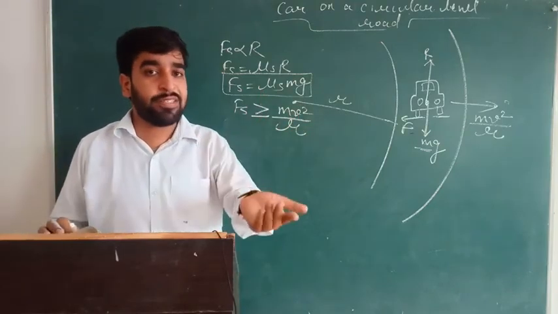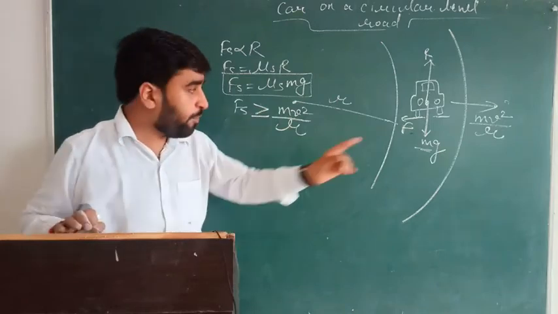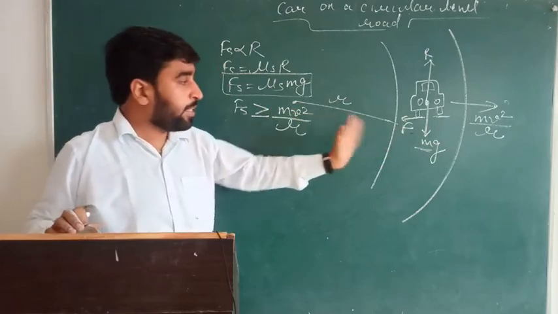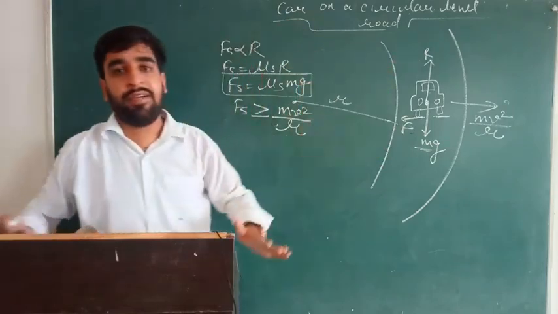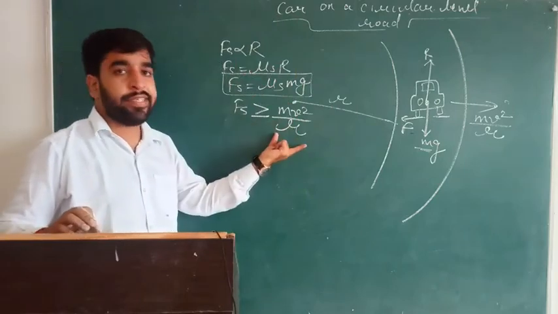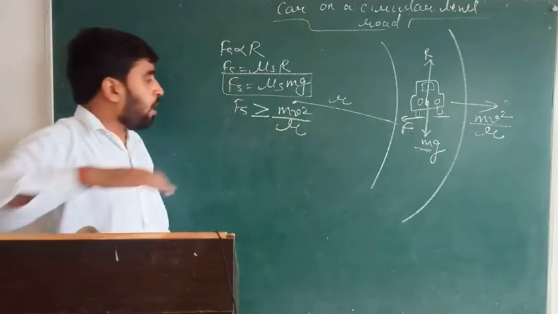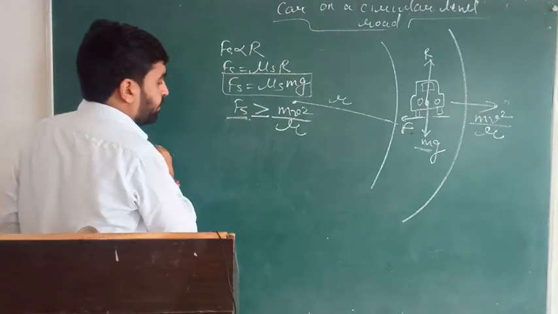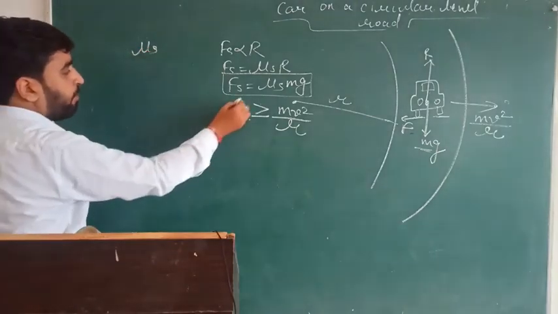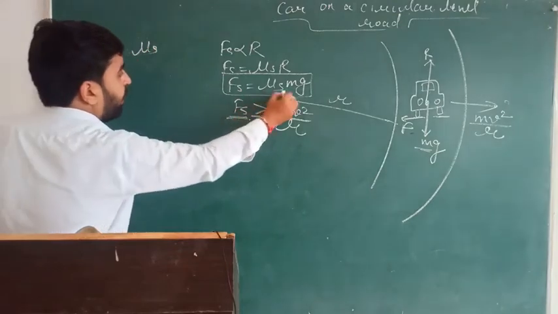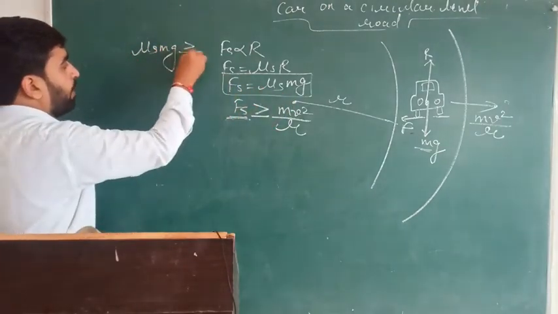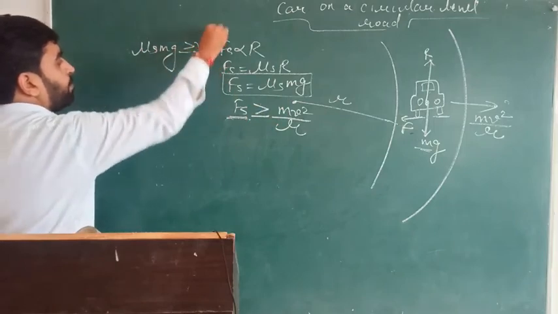Here friction is very good for us. It is saving us. Otherwise the tires would skid and we could meet an accident. So we wish that friction is greater than the centrifugal force. In place of Fs, we can write μs into R, that is μs into mg. So μs mg should be greater than or equal to mv square upon R.